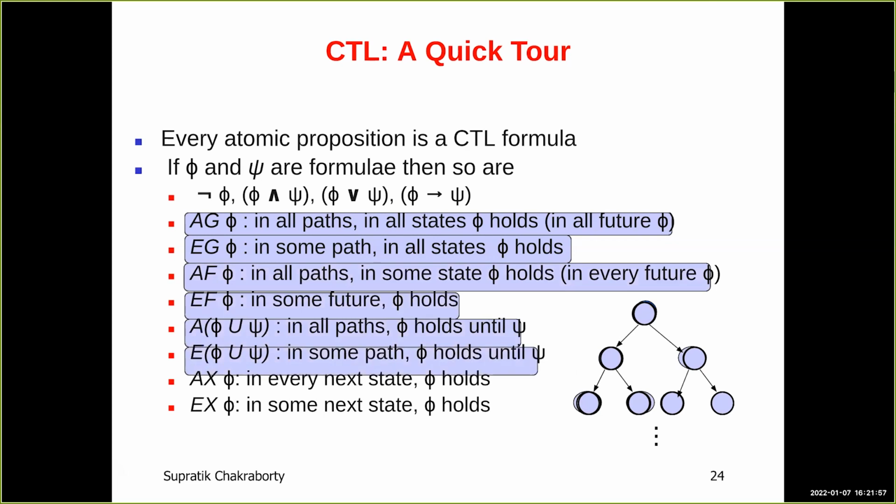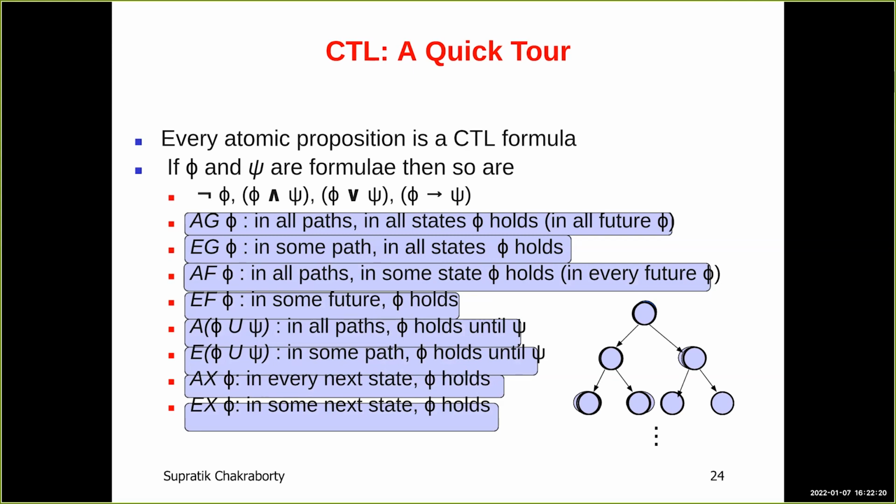As you can see, we are really using the temporal operators that we introduced for LTL. But since we're talking about a tree, we have to say whether we're talking about all the paths starting from a state, or some paths starting from a state. So there is a path quantifier A or E prepended to it.